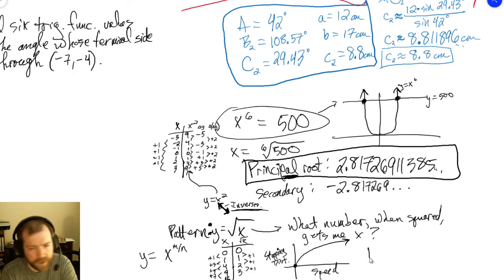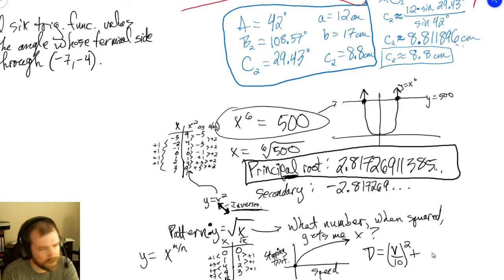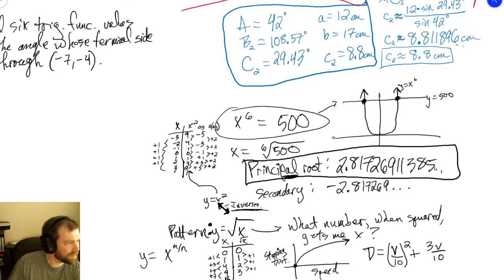Okay, so stopping distance is going to be equal to v squared over 100 plus 3v over 10. That doesn't quite... Nuts. Yeah, so I might have it backward.